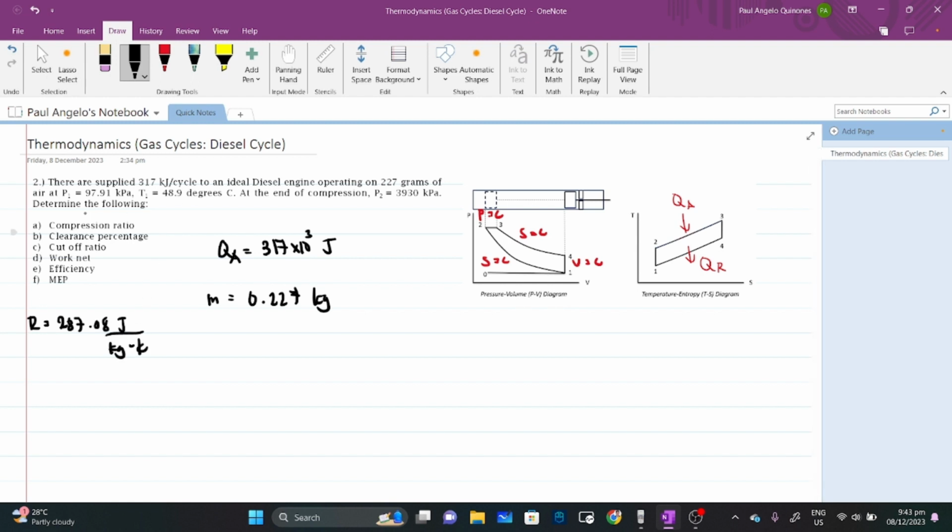P sub 1, or the suction pressure, is equal to 97.91 kilopascal.